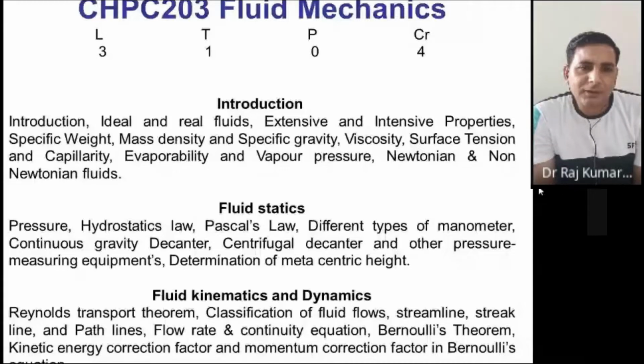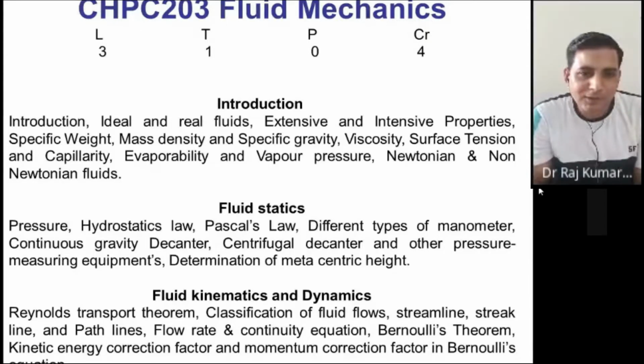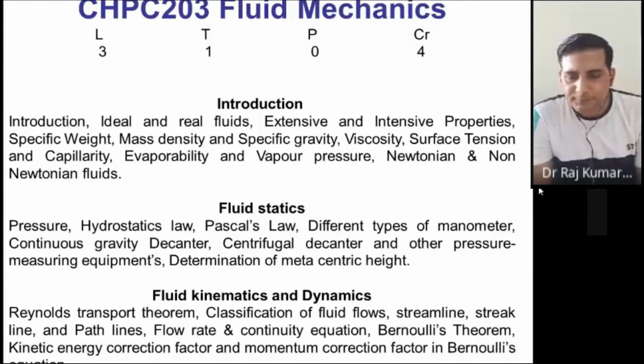The same quantity will come whether you press with thousands of newtons or hundreds of newtons. If the minimum force is 50, beyond that you can put as much force as you can, but the quantity coming from the tube will not change. Only the speed may change. Those come in the category of non-Newtonian fluids.